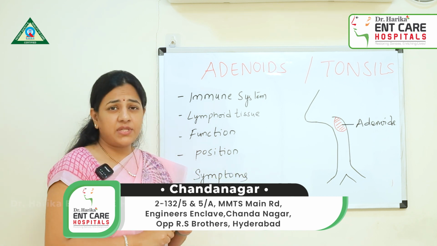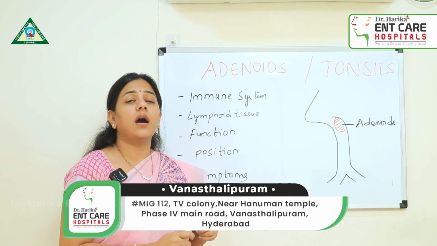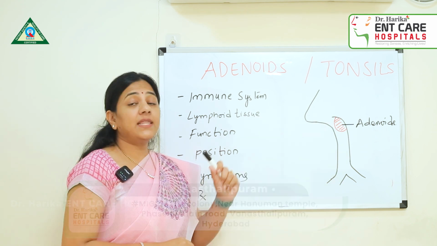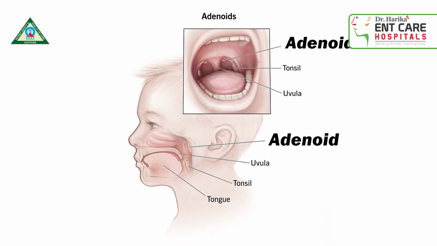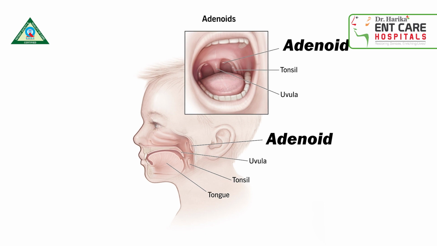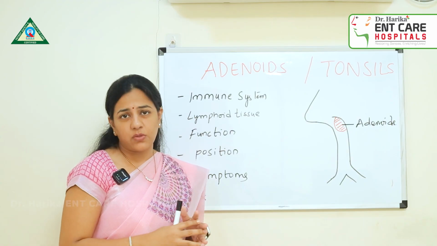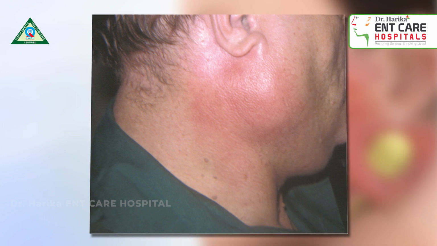Coming to the symptoms, when these adenoids and tonsils get infected, how is a person affected? When there is an adenoid infection, it is called adenoiditis. When it is infected, the child or an adult will not be able to breathe well, because the adenoid swells in size and blocks the airway.